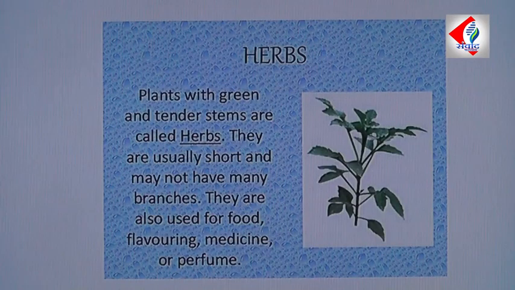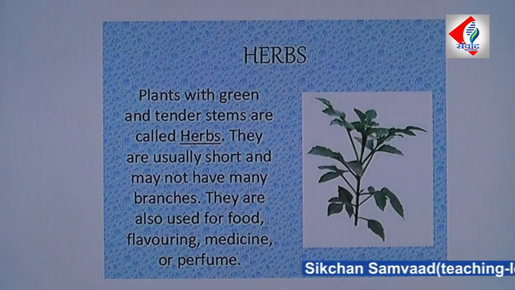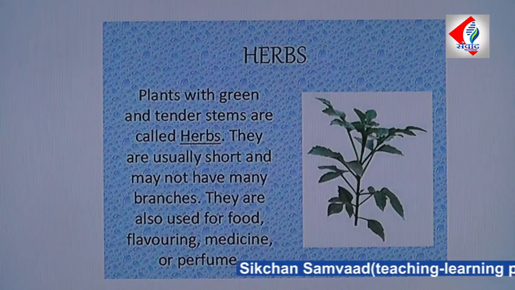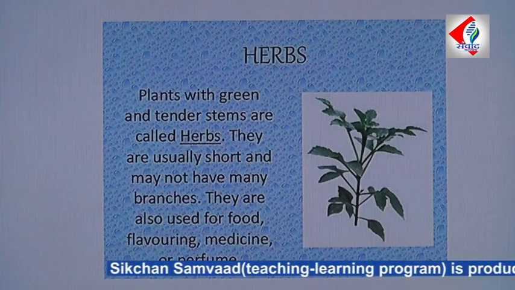The plants that grow very close to the ground are known as herbs. Plants with green and tender stems are called herbs. They are usually short and may not have many branches. They are also used for food, for flavoring, for medicine, and some of them are also used to make perfumes.